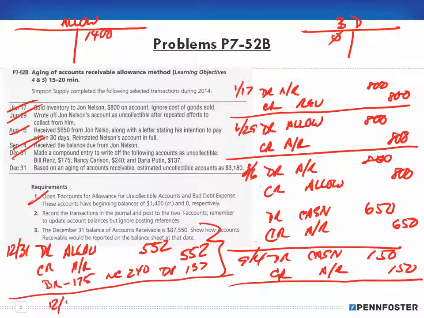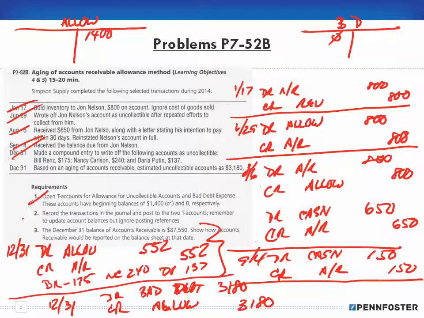So on 12/31, that's the end of the accounting period, and we're going to age our receivables, and we estimate our uncollectible receivables, our bad debt, to be 31.8. So we write it off as a debit to bad debt for 3,180, and we credit our allowance account for $3,180. Okay.